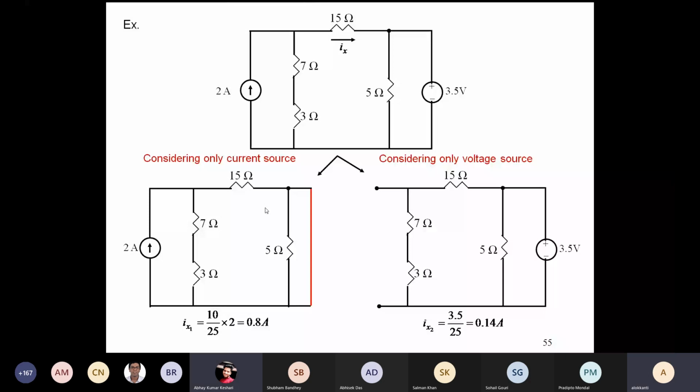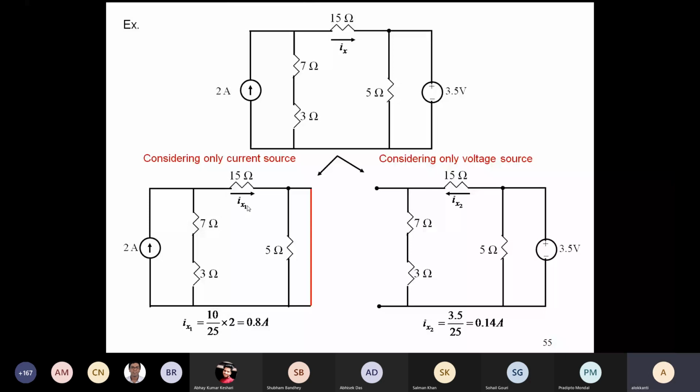So the current Ix1 is this. Similarly, the current Ix2 is in this direction because this battery pushes the current in that direction. So you see here what is happening is through the 15 ohm resistance, for the two sources, the current directions are different.